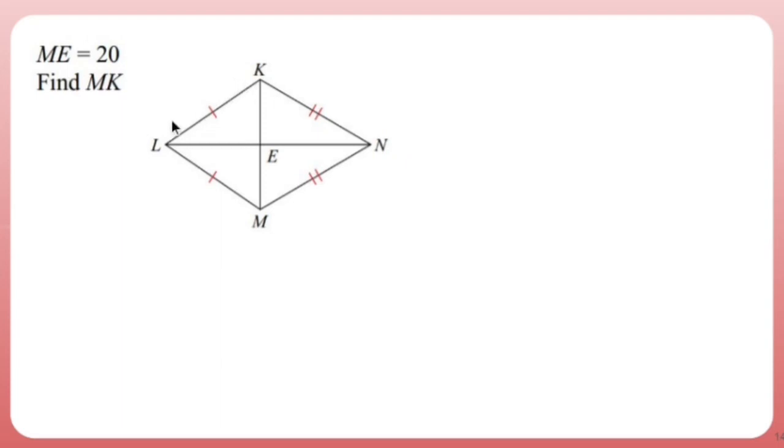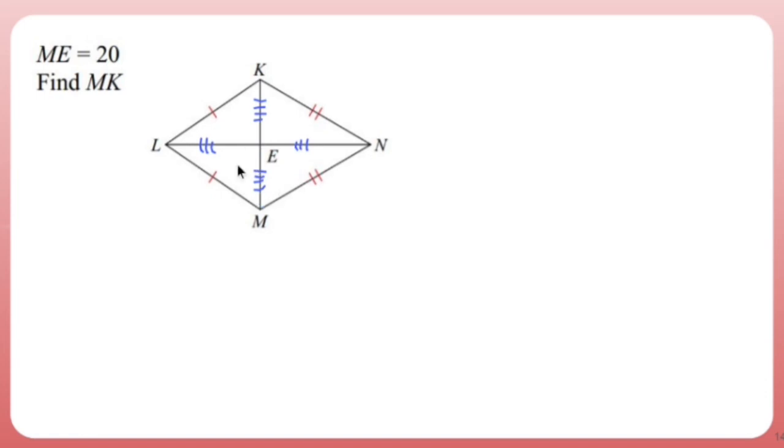What do I know about this shape? Oh, these two guys are the same, and these two guys are the same. We have a kite. The diagonals of a kite bisect each other, which means you guys are the same. Doesn't help me here. You guys are the same. That does help me here because it says that ME is 20.